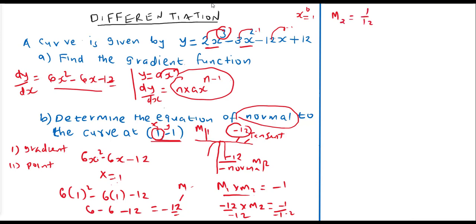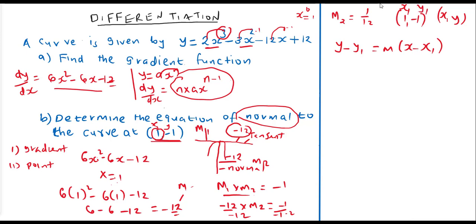So with the gradient of the normal and the point (1, negative 1), we can get the equation of the normal by choosing another general point, xy. Using this formula, y minus y1 equals m into bracket x minus x1, we can arrive at the equation of the normal. So, in this case, what is x1 and what is y1? x1 is 1 and y1 is negative 1.